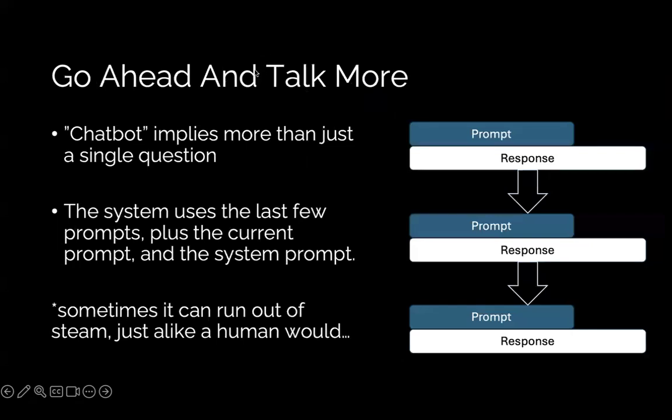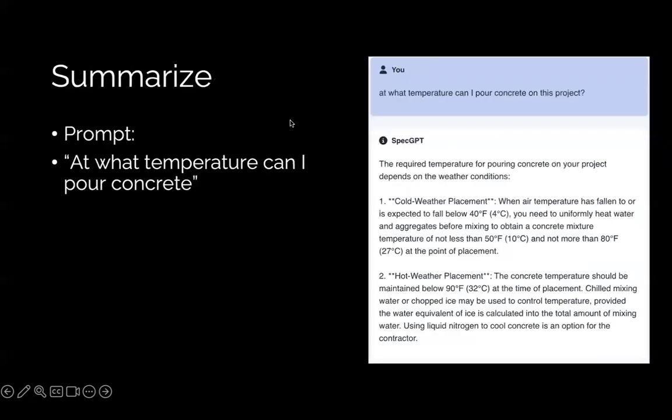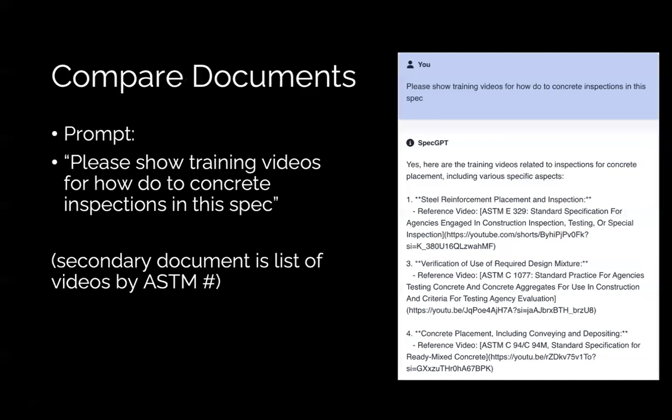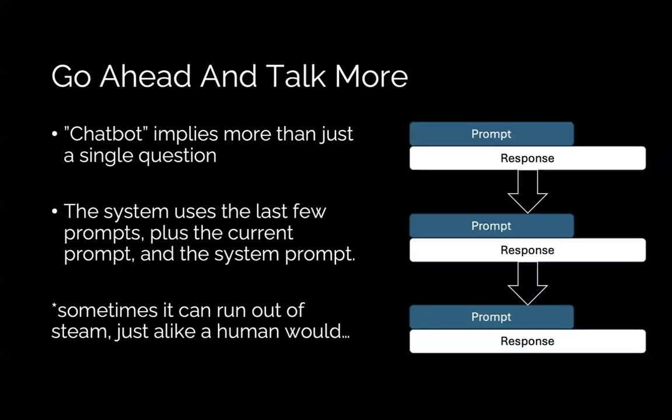Those are some really interesting ideas that I want to say are obvious, but they're expanded ways that SpecGPT can answer questions. The next thing I want you to think about, and this is a big takeaway hopefully from today, is that the reason they call it a chatbot versus another search engine, other than the branding, is that you can do more than one question.